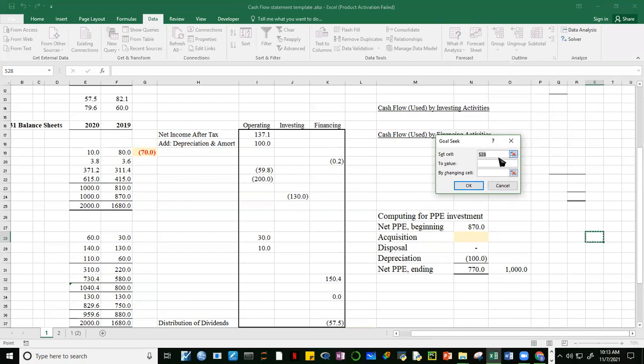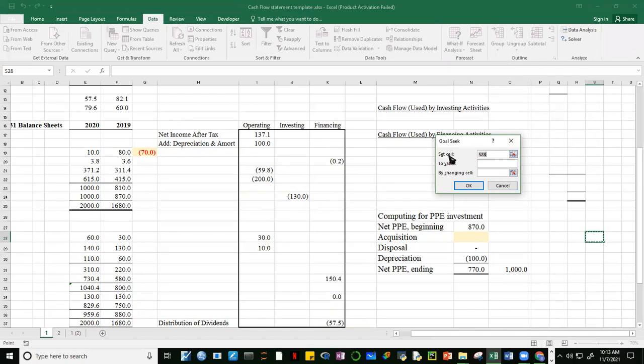We need to input 3 parameters. Notice that there are 2 icons here. The spreadsheet icon means that you should link this to your model. This one does not have a spreadsheet icon, which indicates that you should type it, and you cannot link it to the model.